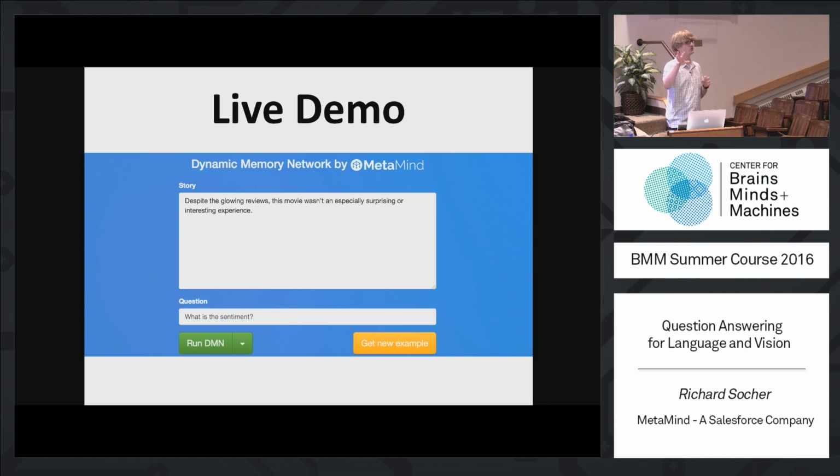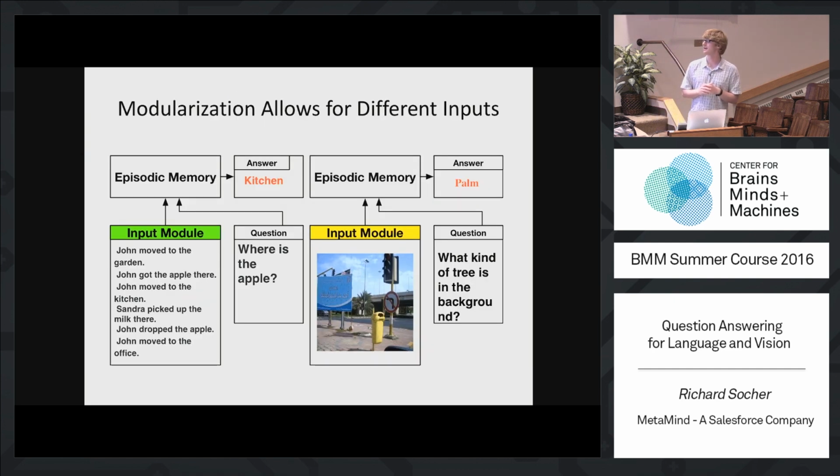So he took the code and literally replaced only the input module to not read in sentences sequentially, but read in images sequentially, by taking the layer just below FC17, where you have a 14 by 14 grid, one vector for each of the 14 by 14 regions, and had a GRU go over that.